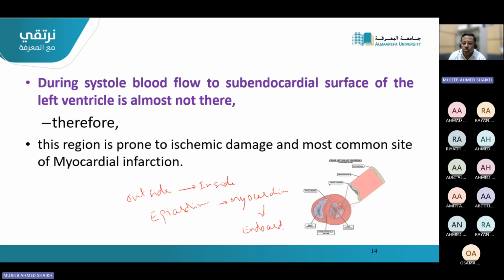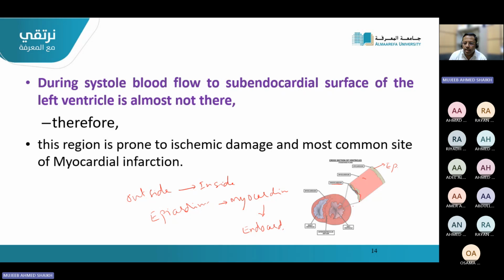This diagram shows the right ventricle and the left ventricle, and if you enlarge the thickness of the muscle, you will find the outermost is the epicardium, the middle one is the myocardium, and the innermost is the endocardium.